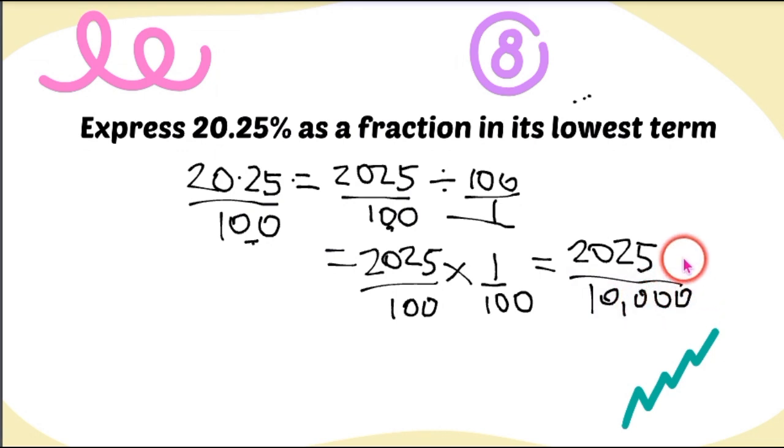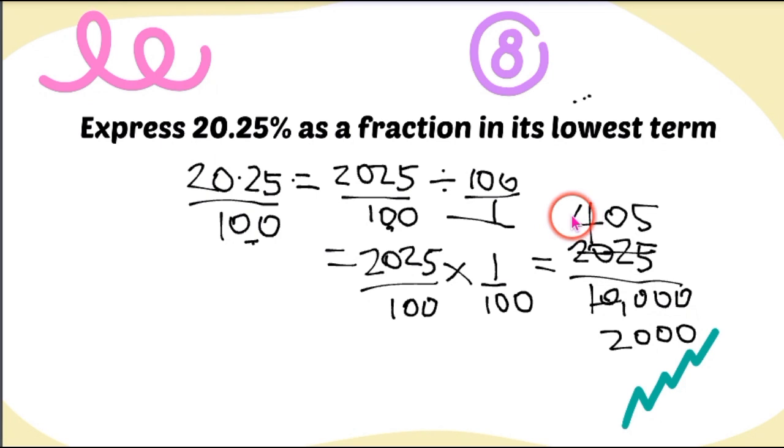So now let's start reducing to the lowest term. Okay, so in this case you'll just have 5. Yeah, 5 here will give us a 4, and 0 and 5. And 5 here will give me 2 and 0, 0, 0.